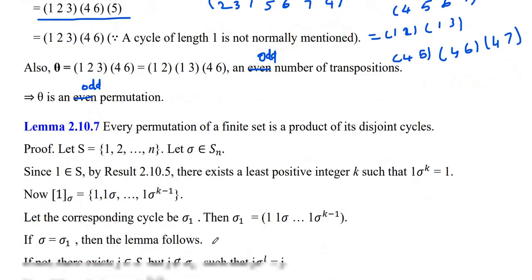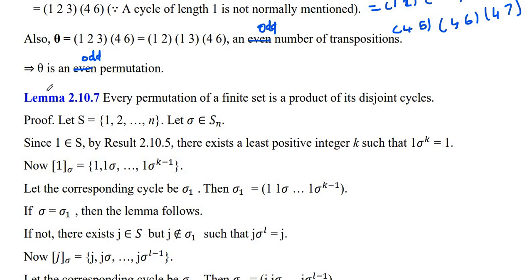Now we have this lemma: every permutation of a finite set is a product of its disjoint cycles. Consider S to be this, and let sigma belong to Sn. Now we proceed like this.